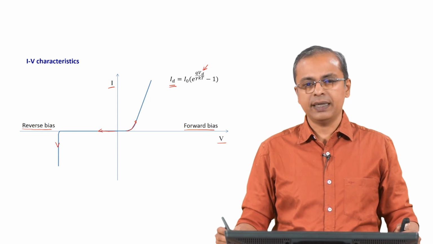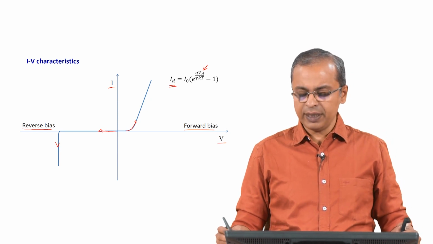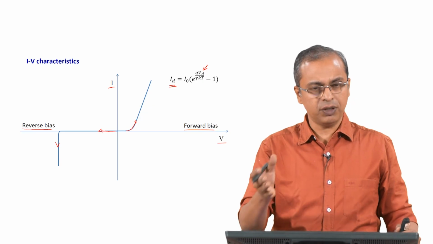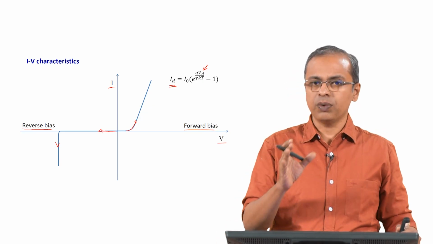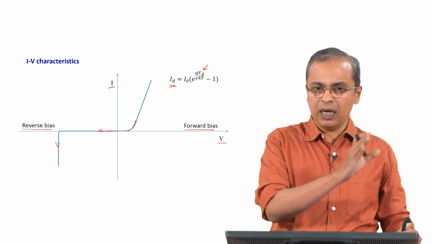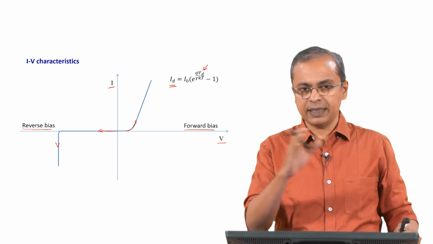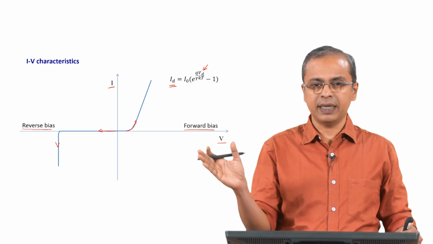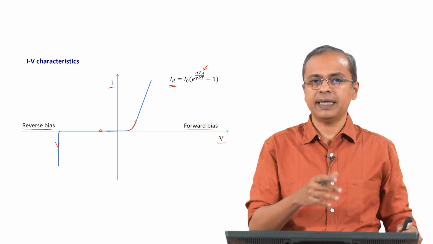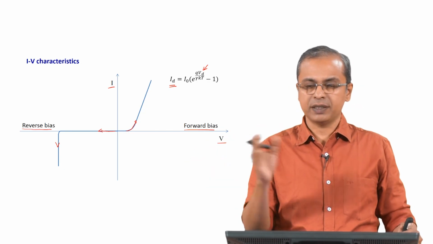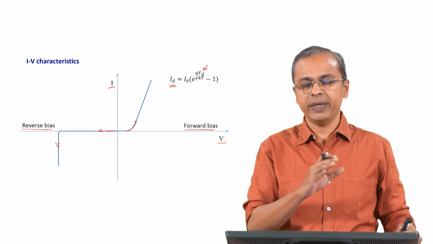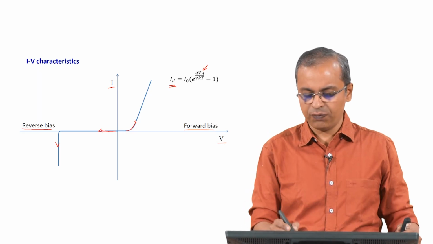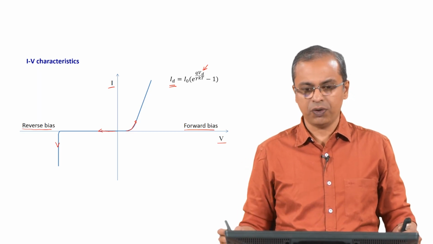This may look a little complicated, but actually we are not going to derive this. If you look at semiconductor textbooks, they derive this. Primarily to derive this, they look at how the charge carriers are created, how the charge carriers move from one side to the other, and from the other side to this side, the majority charge carriers, minority charge carriers, what role they are playing. All of that is looked at, and based on that you come up with this idea of what is the current when you have some amount of voltage.